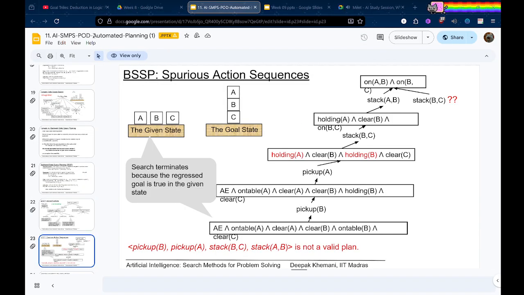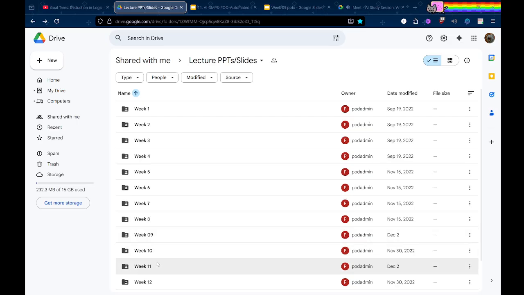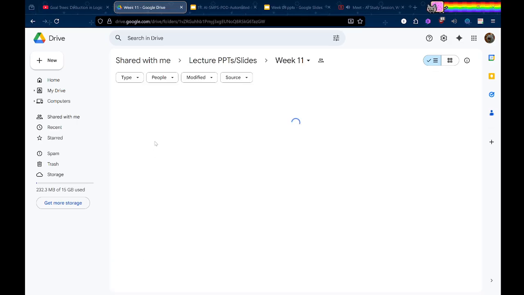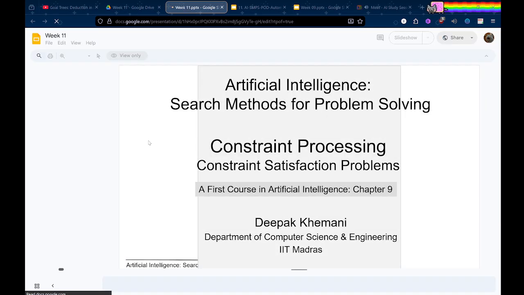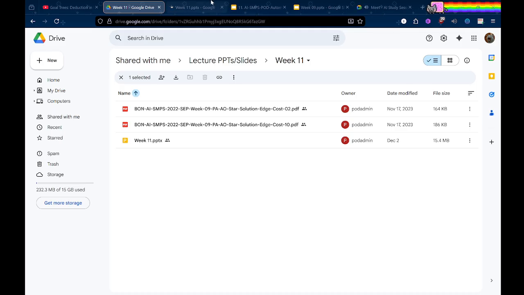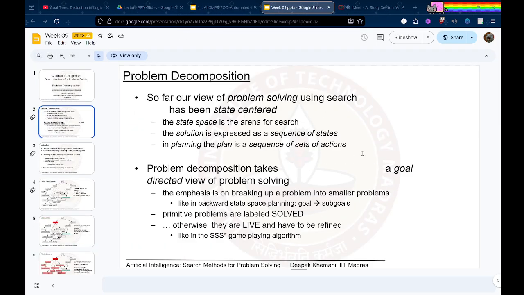Okay, why is week 11 open here? POP automated planning. What does week 11 have then? This is constraint processing. Which slides have the correct one?